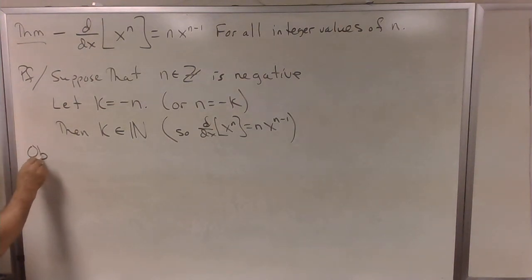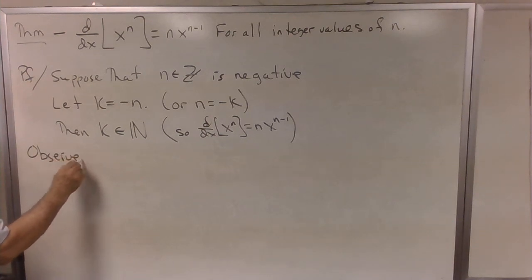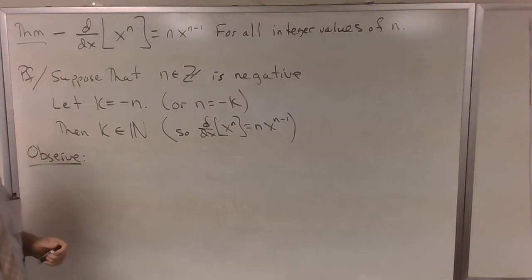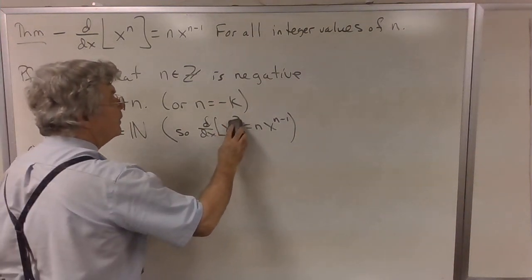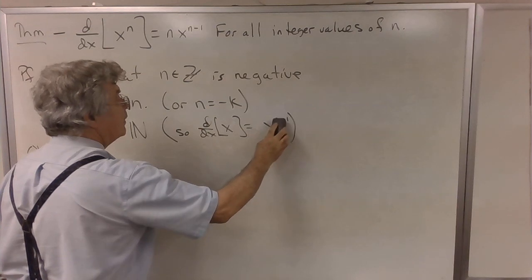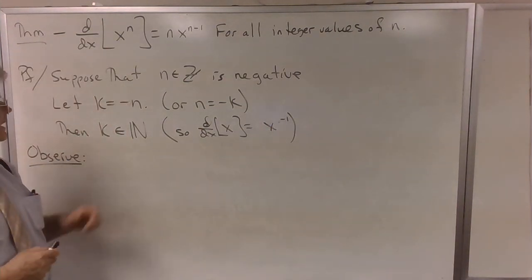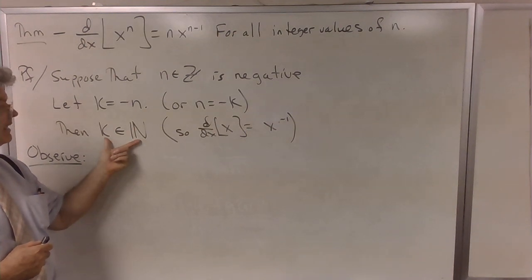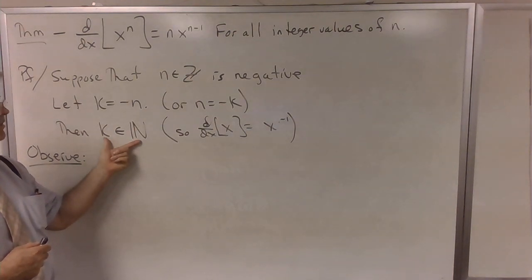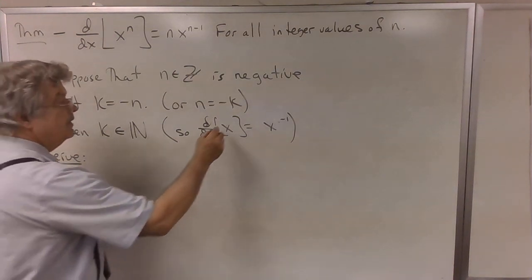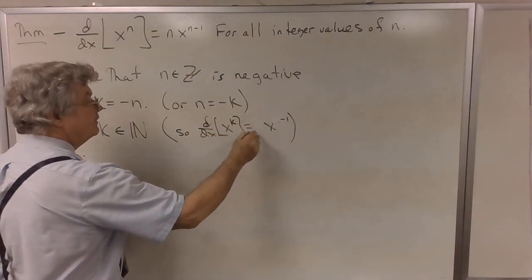Now, we want to show that the power rule is going to work. I'm sorry, where is my mind? Yeah, n is negative. k is a positive integer, a natural number. So we know the power rule works for k.